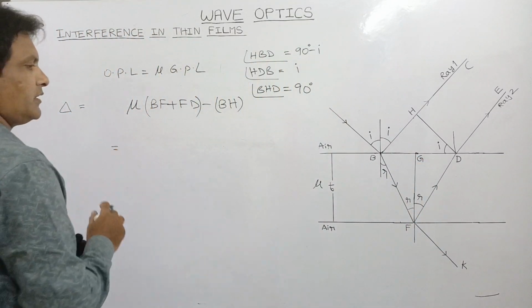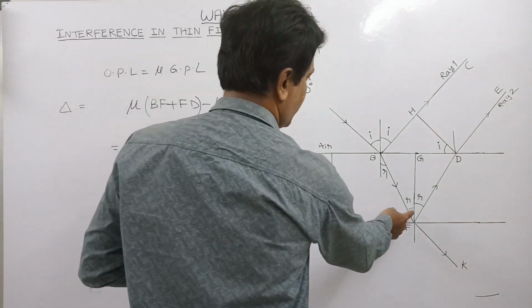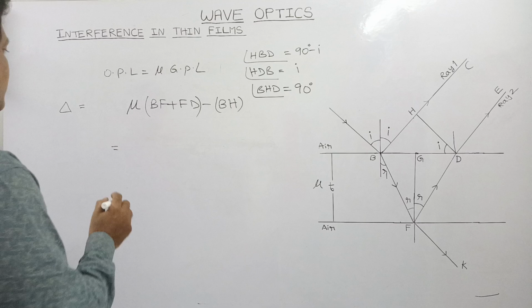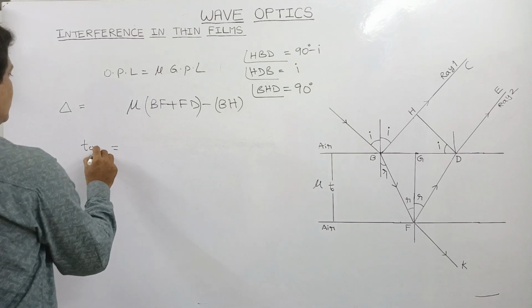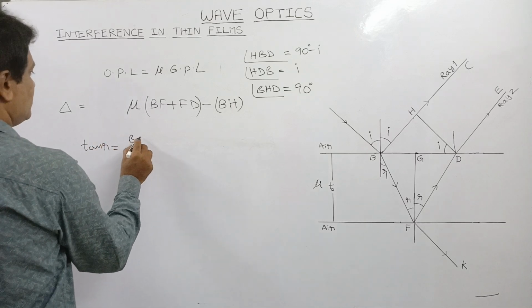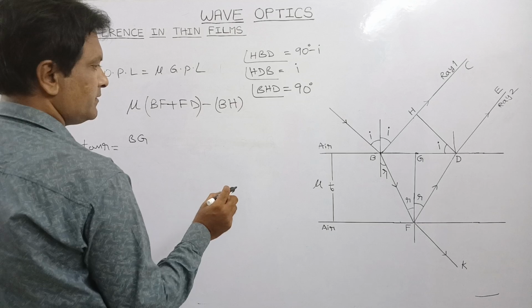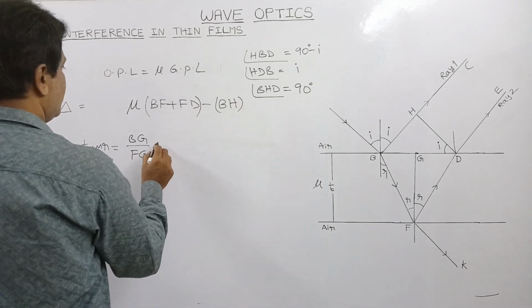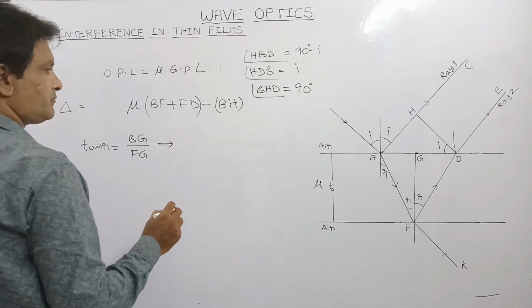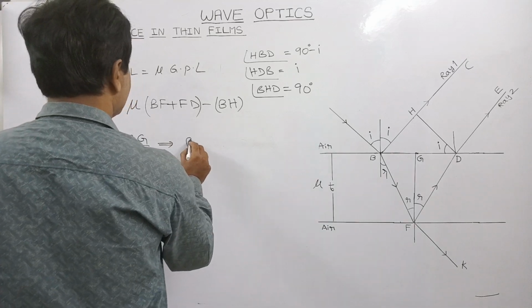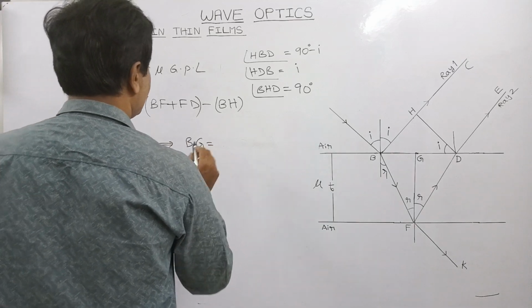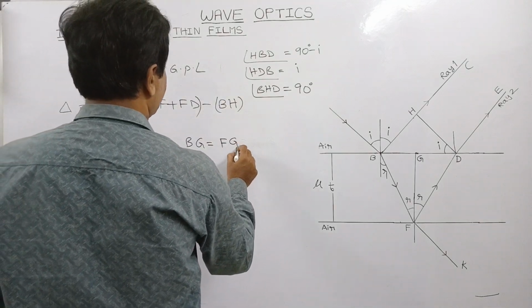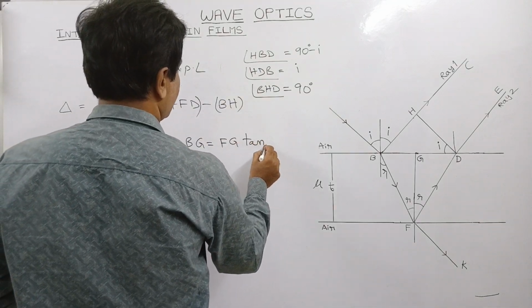So here tan r, the opposite side is BG, so tan r is equal to BG by FG, right? That implies BG is equal to FG tan r.